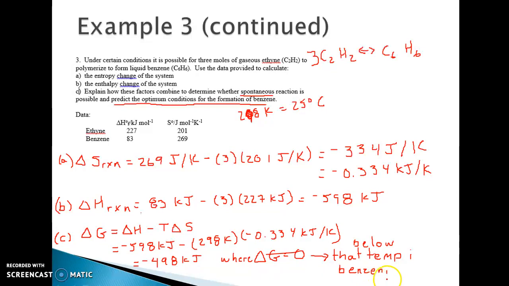So basically, you would set up this equation here, set delta G equal to 0 and solve for temperature. And when you do that, below that temperature, benzene will be favored. Or in other words, the forward reaction is spontaneous. Sorry, I'm having a little trouble with my pen there. I'll write it down here. Okay, and we'll look at some more where we actually do that calculation.